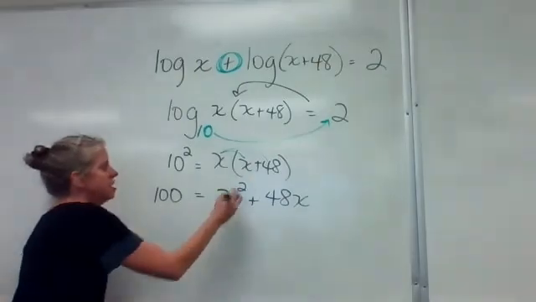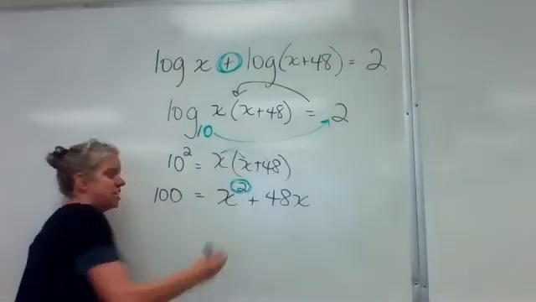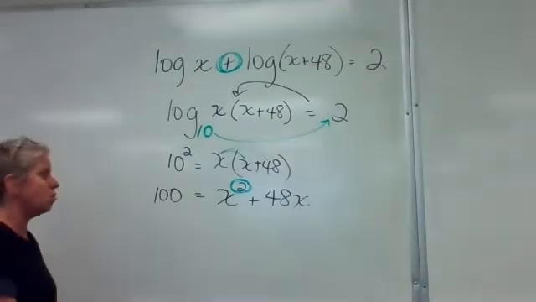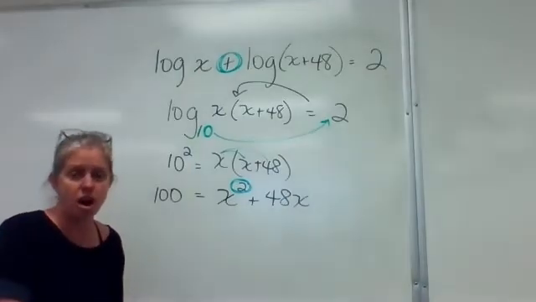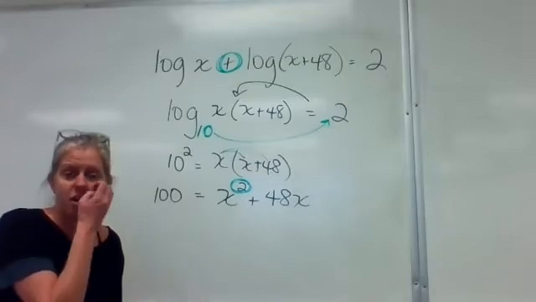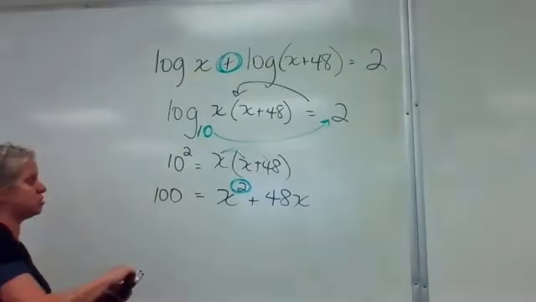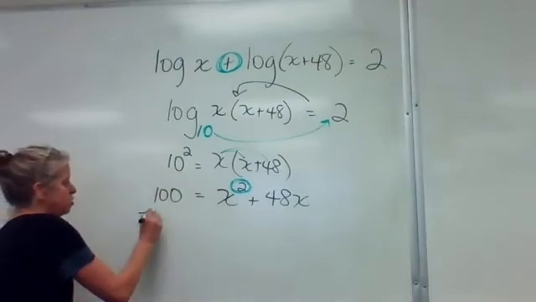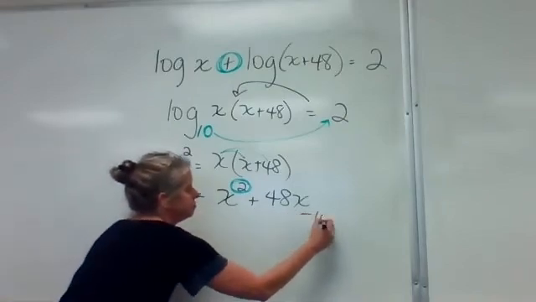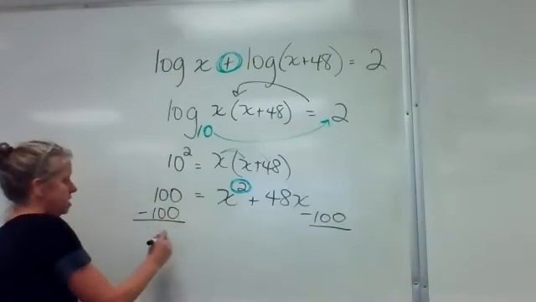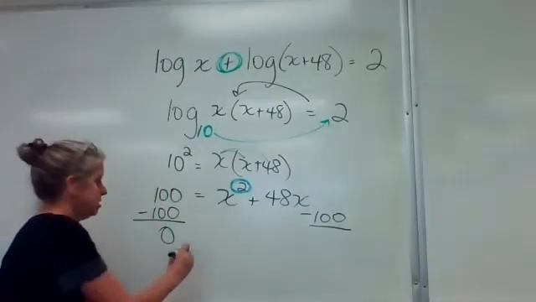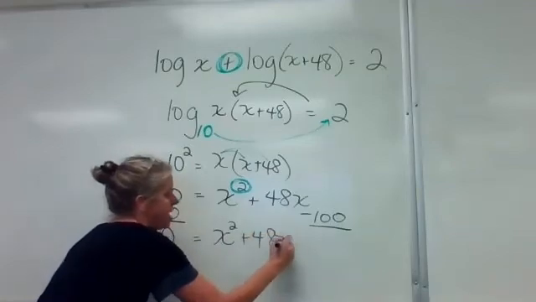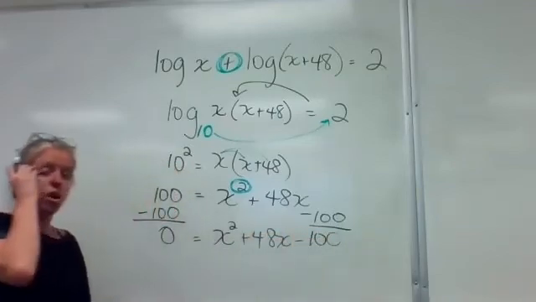So now your x is not just an x. Your highest exponent is x to the second power, which means now this is a quad, right? X squared equations are quadratic equations where I need all the terms on one side. So I'm going to subtract this 100. So I've got 0 equals x squared plus 48x minus 100.